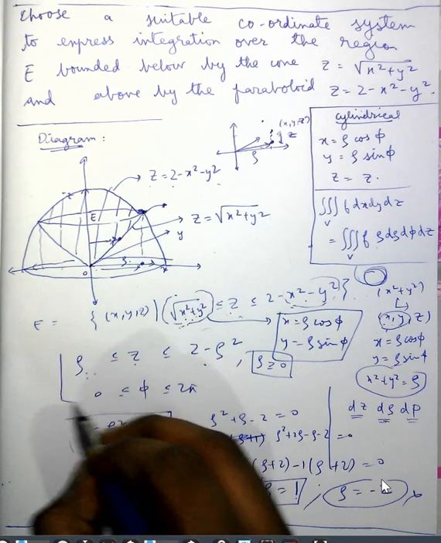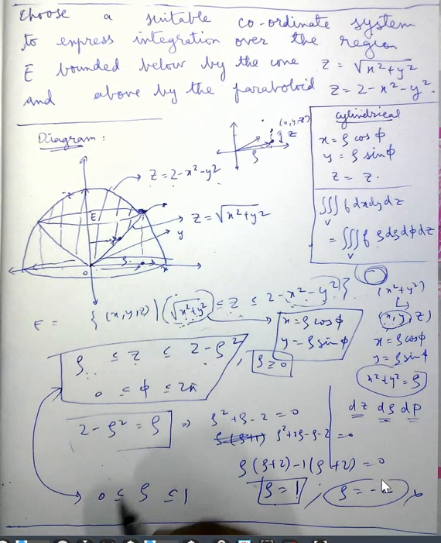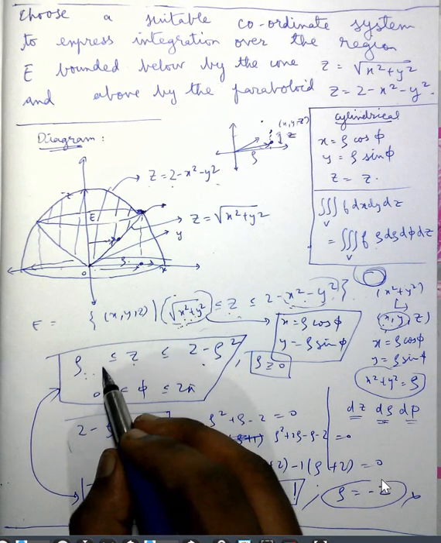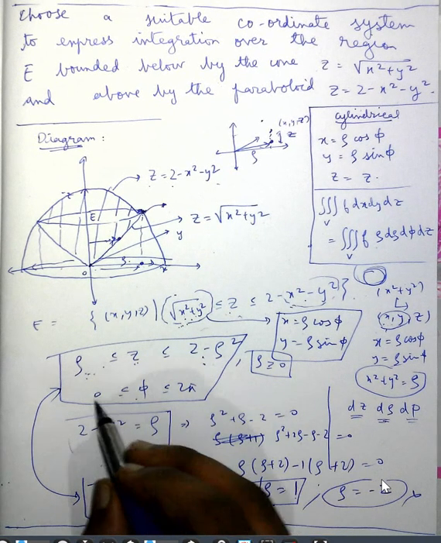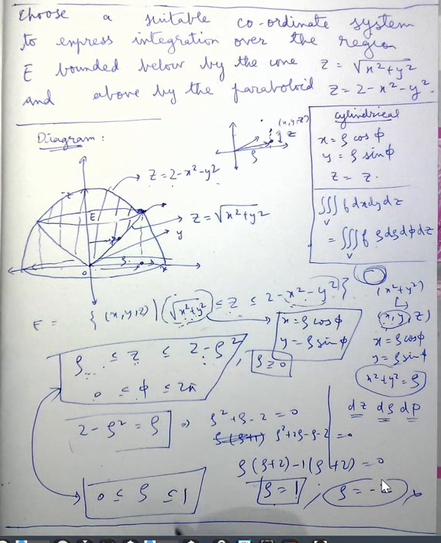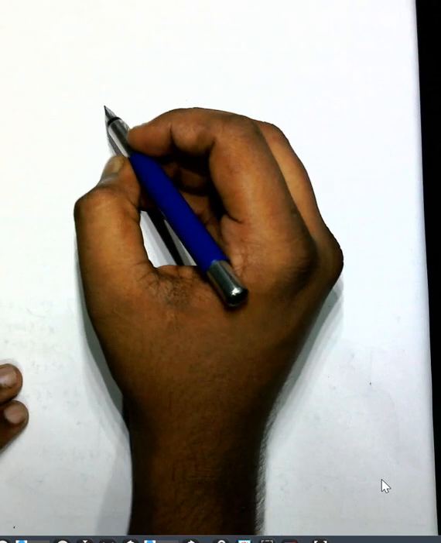So we have found the following three important things: z has to lie between rho and 2 minus rho square, phi has to lie between 0 and 2 pi, and rho has to lie between 0 and 1. Now we would want to integrate any function.